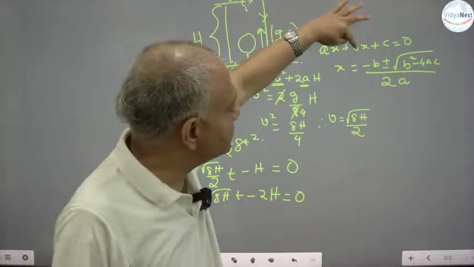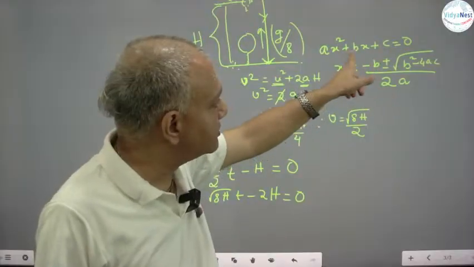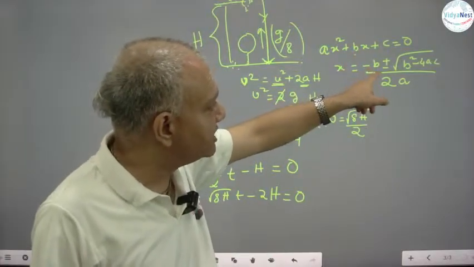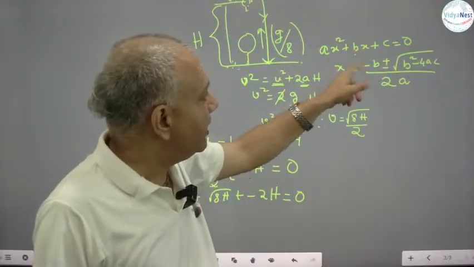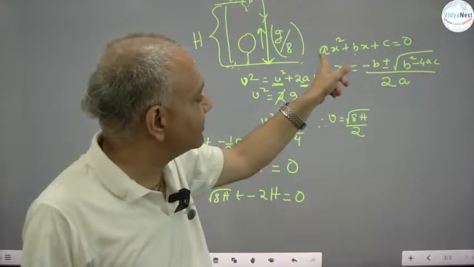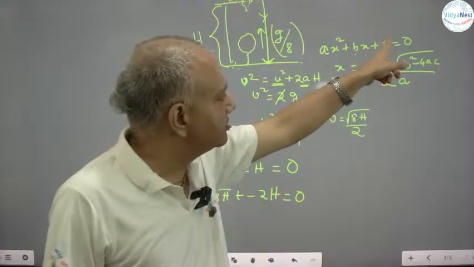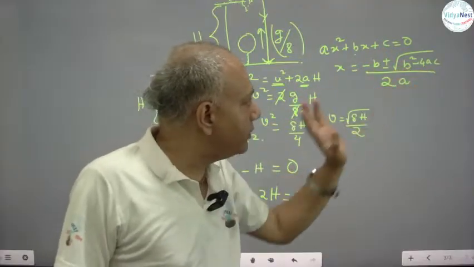For ax square plus bx plus c equal to 0, x is minus b, the coefficient of x, plus minus root of b square, the square of the coefficient of x, minus 4ac, where a is the coefficient of the x square and c is the isolated constant term, divided by 2a. This is the result.